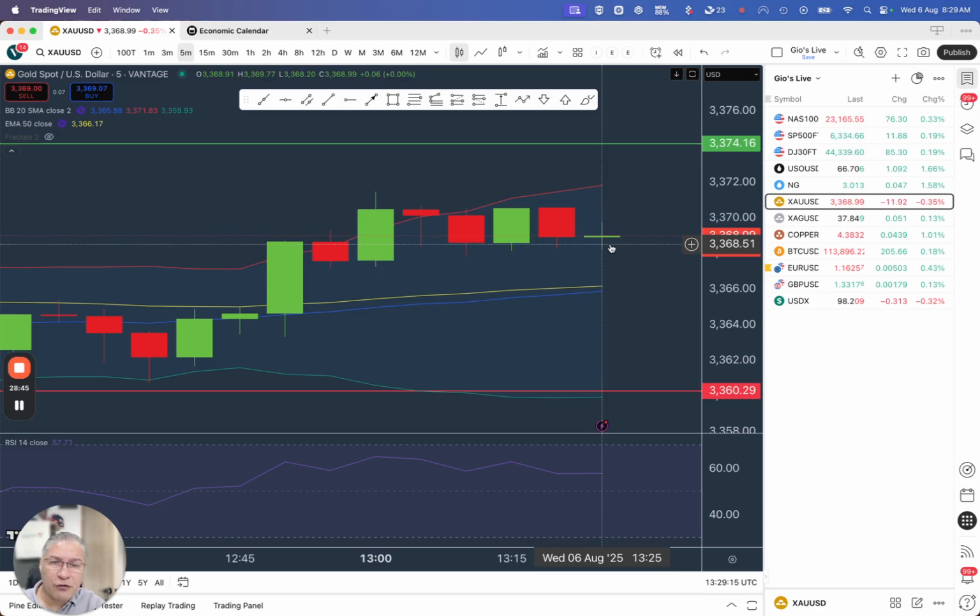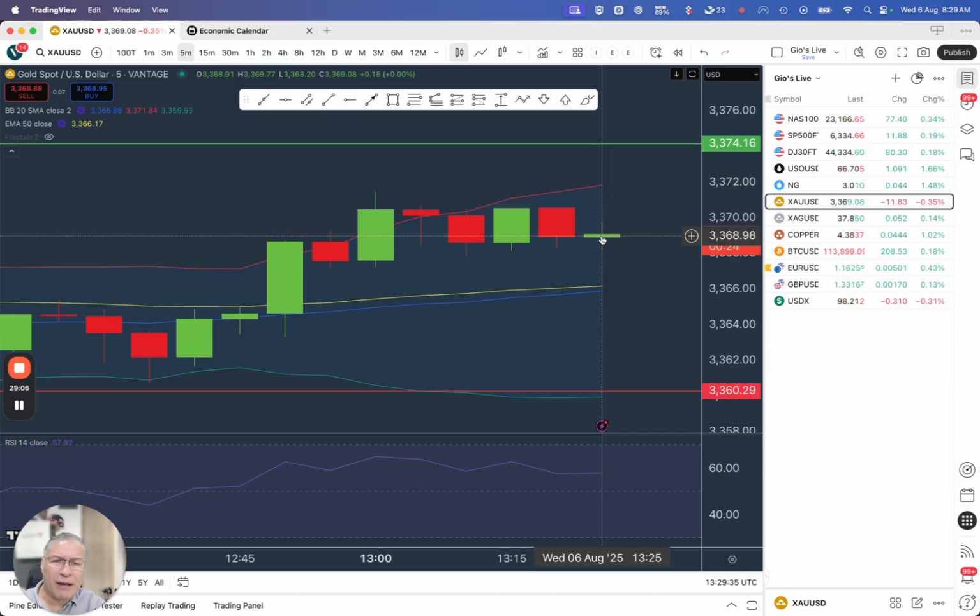Gold is trading sideways, perfect setup. I mean, the candles are quite tall, quite wide, but this is a great setup for a breakout or a breakdown, right? So if we do have a breakdown, our targets will be the moving averages.